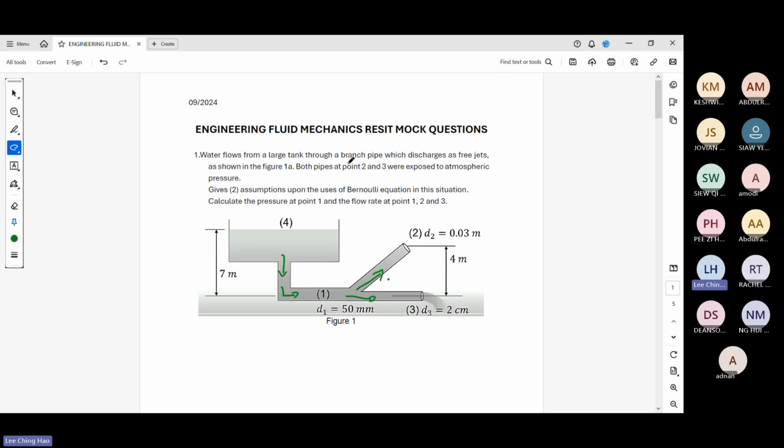First of all, free jet. Free jet means that when the water flows out freely, the pressure here will be atmospheric, ATM, and here also at ATM.